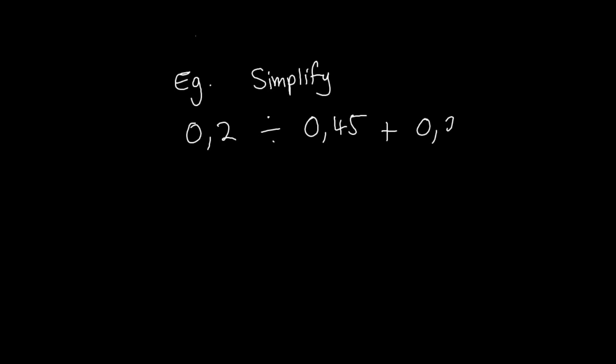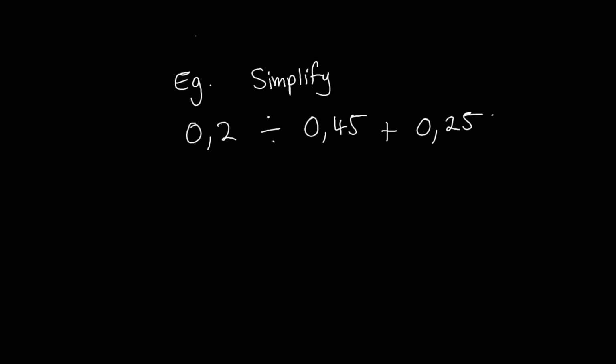But this is actually quite interesting. Let's say we are required to simplify the following: 0.2 divided by 0.45 plus 0.25. This is what we call a decimal fraction.